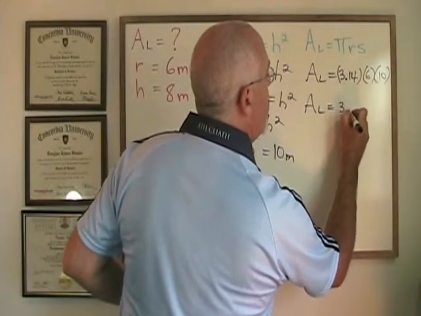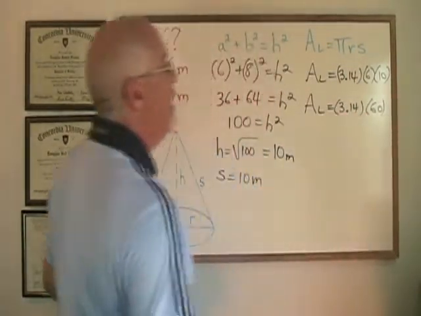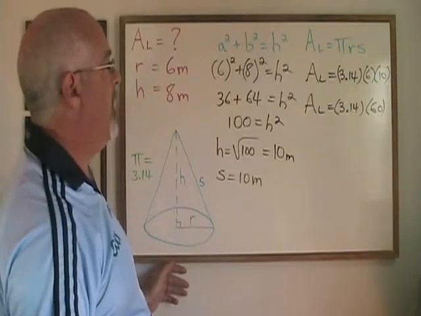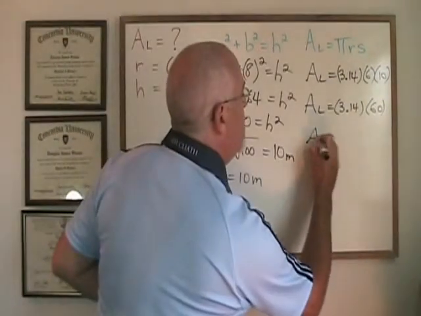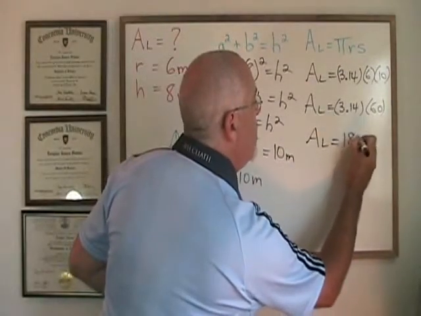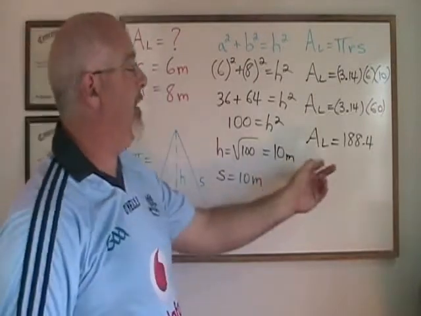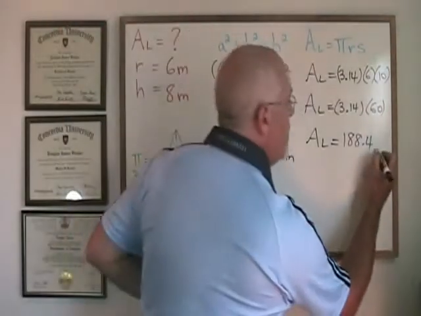We have 3.14 times 60. Our answer is 3.14 times 60, which is 188.4. Because we were dealing with meters and lateral area is an area, the unit of measure will be meters squared.